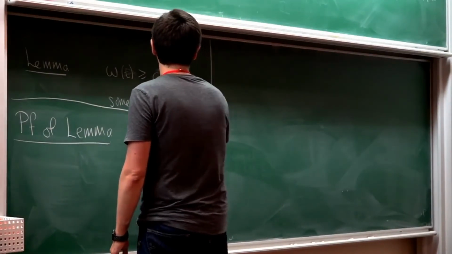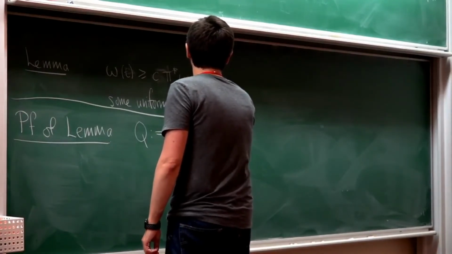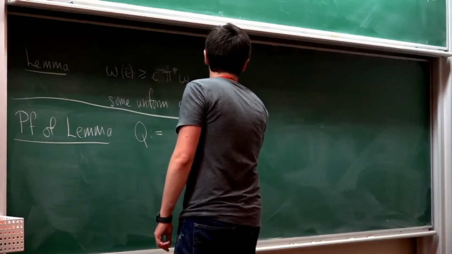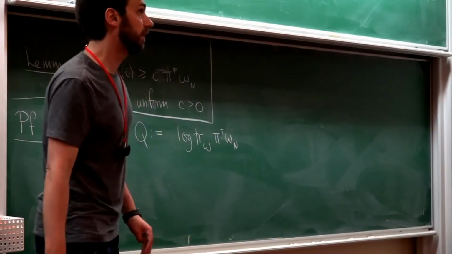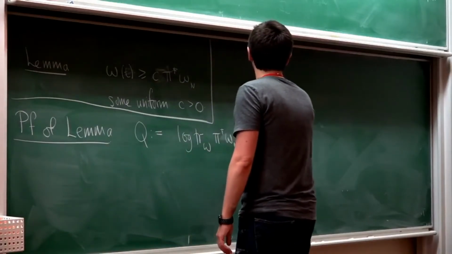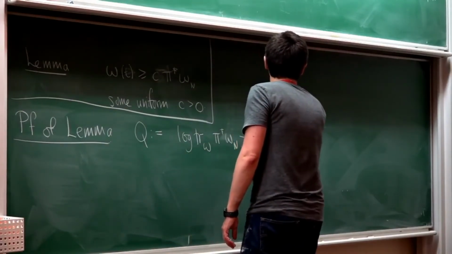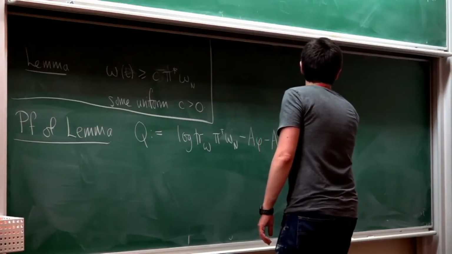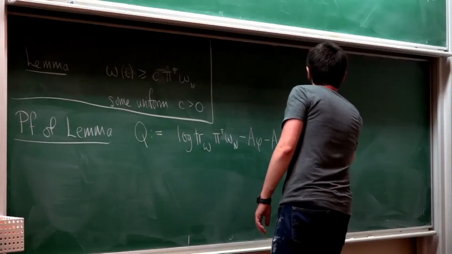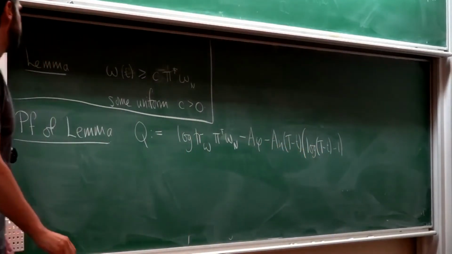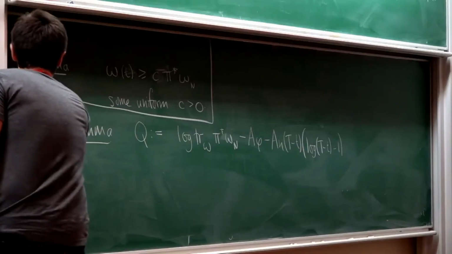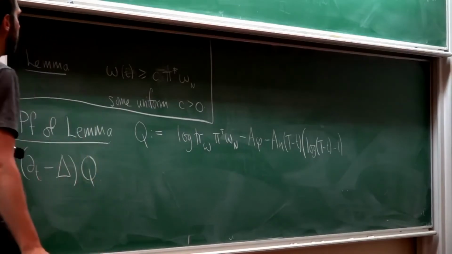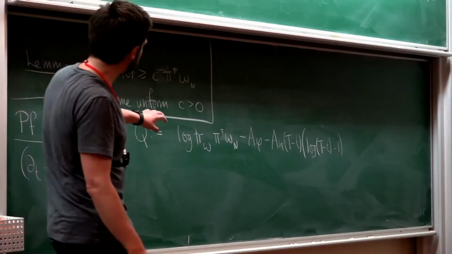I want to define Q to be the log of the trace of omega with respect to the pullback of omega n, minus A times phi, minus A n times the same quantity as before, log of capital T minus t. Take that quantity, and now I want to consider d/dt minus Laplacian of Q. I want to show that this is bounded above.